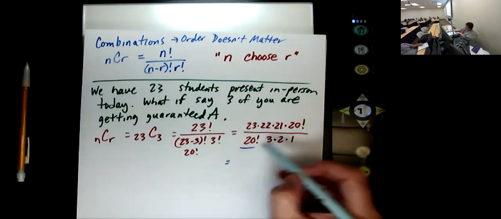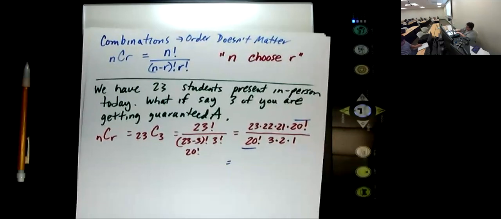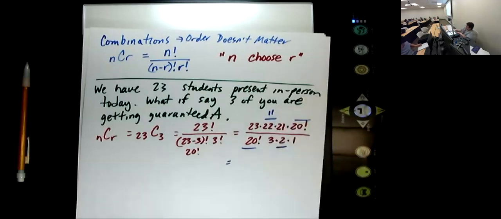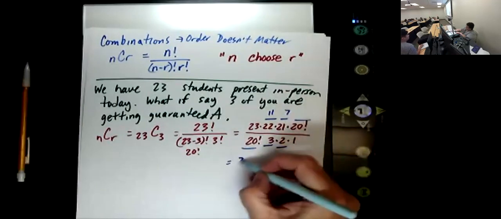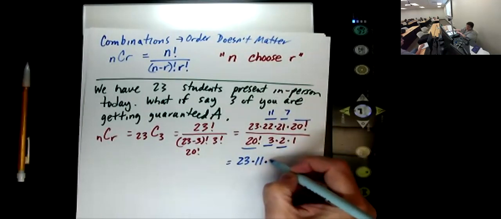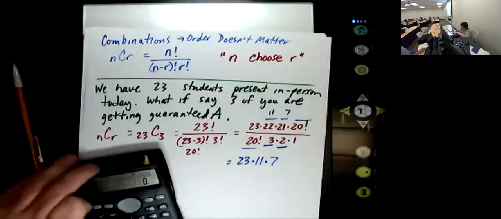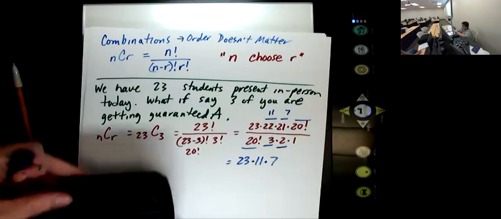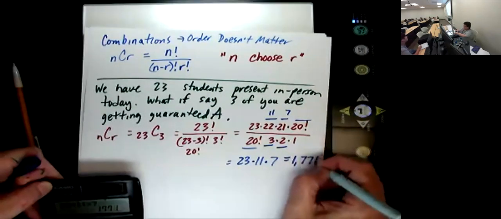The 20 will cancel out with this one. 2 goes into 22 11 times. And 3 goes into 21 7 times. This is 23 times 11 times 7. If I have a basic calculator, I get 1,771.